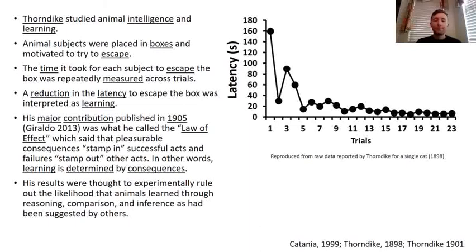And so Thorndike's results were thought to experimentally rule out the likelihood that animals learned through reasoning, comparison, and inference, as had been suggested by others. And Thorndike's discovery was highly influential on B.F. Skinner.